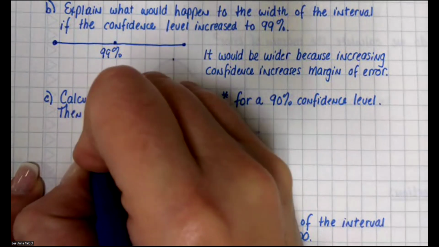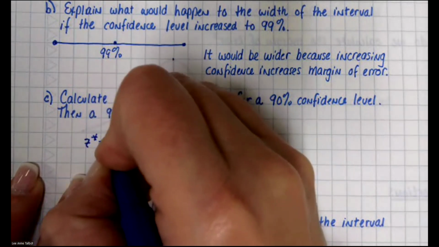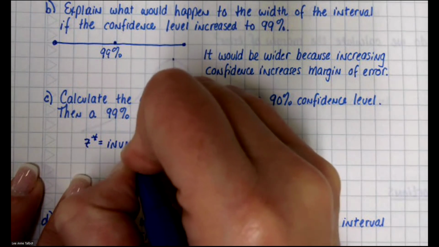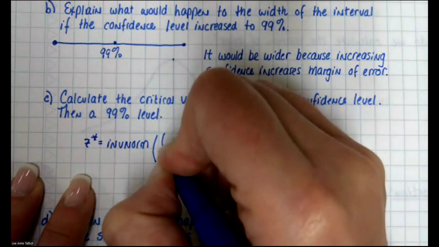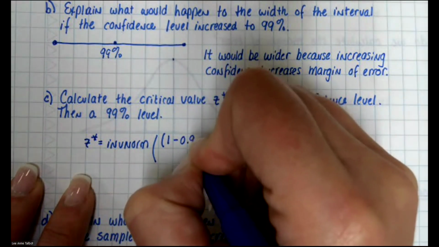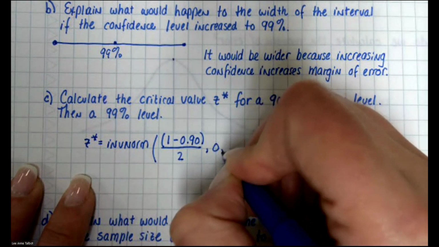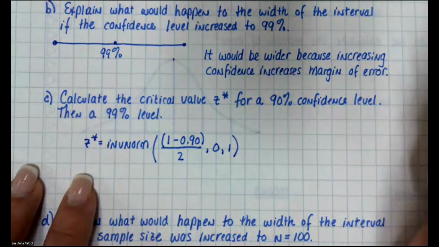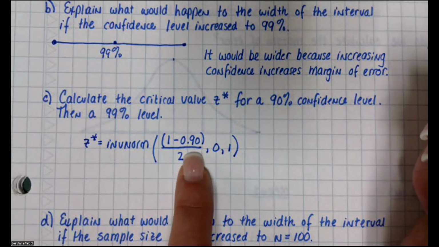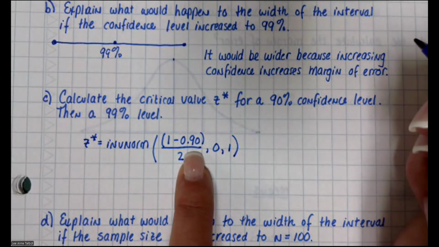Z star equals inverse norm of (1 minus 0.90) over 2, 0, 1. This should still be in your calculator, and all you need to do is change that 0.95 to a 0.90.